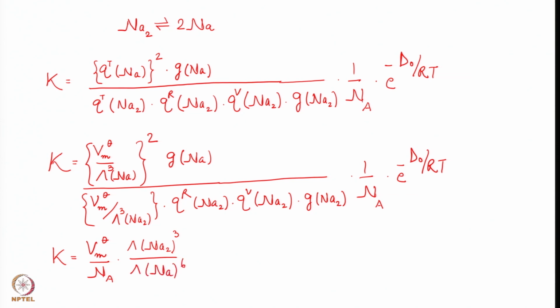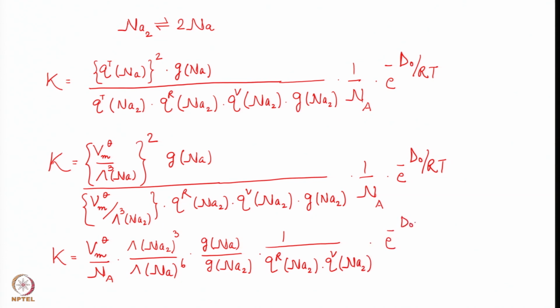This is the ratio of the thermal wavelengths into G of Na over G of Na2. This also let me combine into 1 over QR Na2 into QV Na2 into exponential minus D0 by RT. This is what I have. Now we can further work upon this and see what we get.